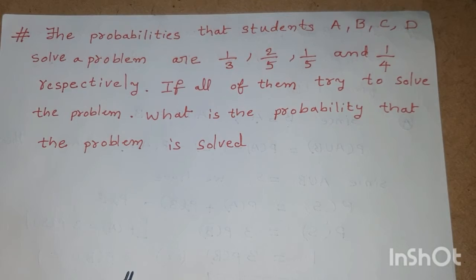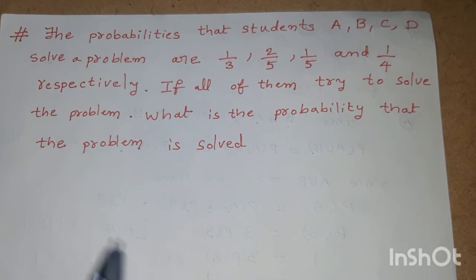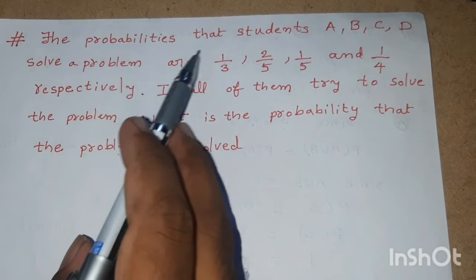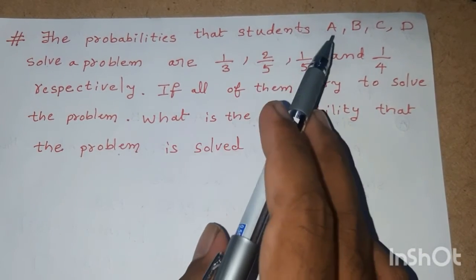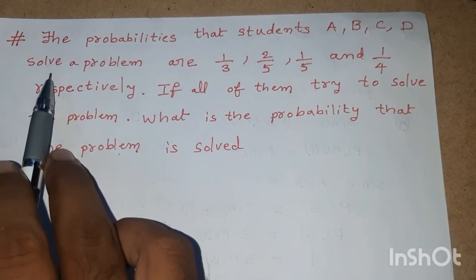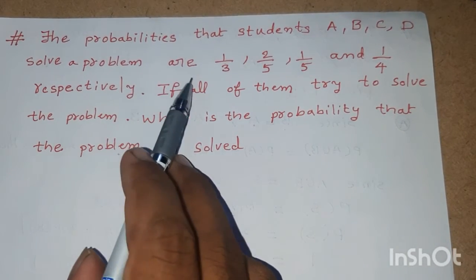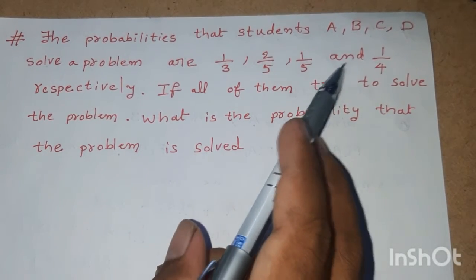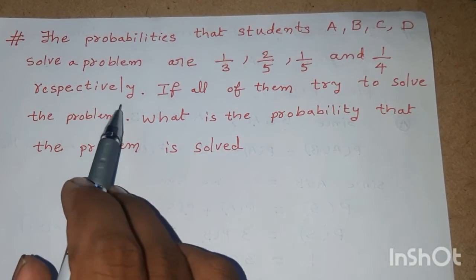Now let us go to the next problem. The probabilities that students A, B, C, D solve a problem are 1/3, 2/5, 1/5 and 1/4 respectively.